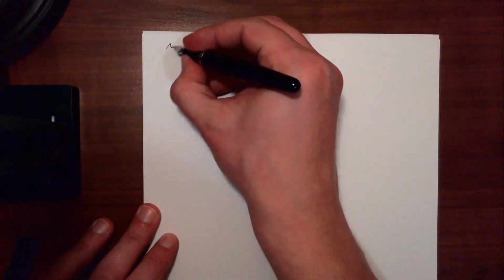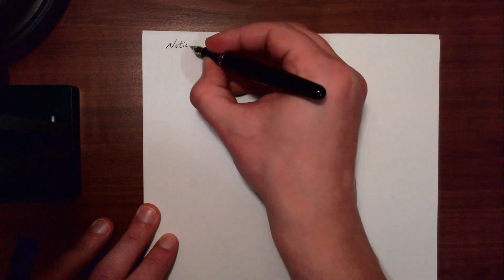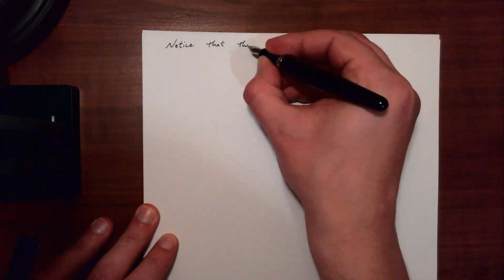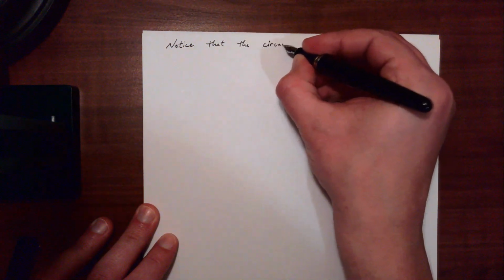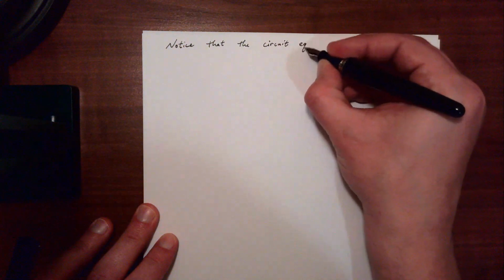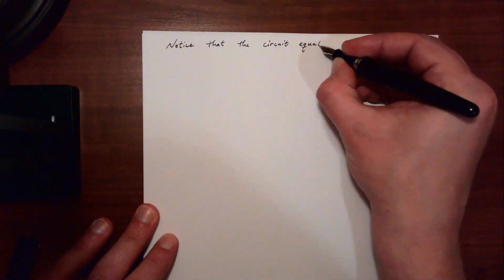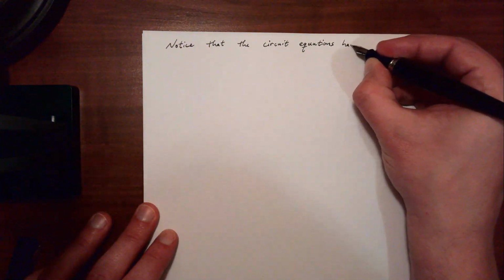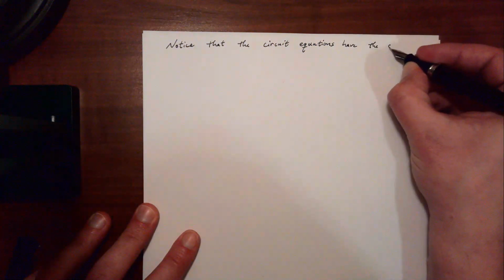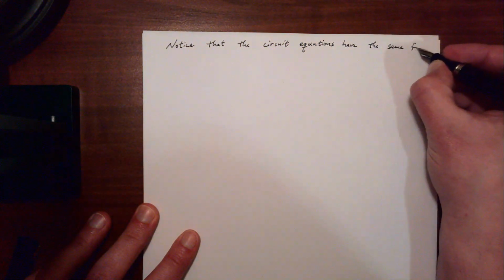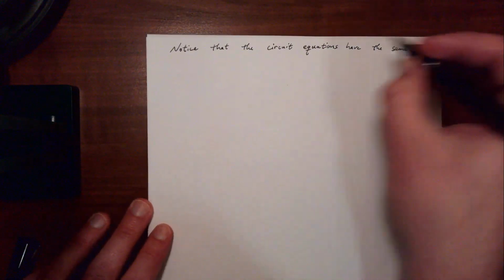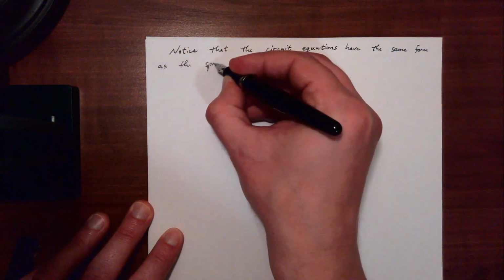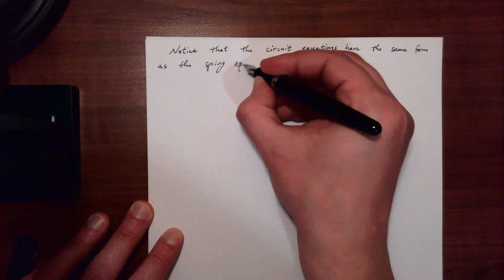Notice that the circuit equations, I guess we have two, the one we started with and the one we ended with, the circuit equations have the same form as the spring equation.